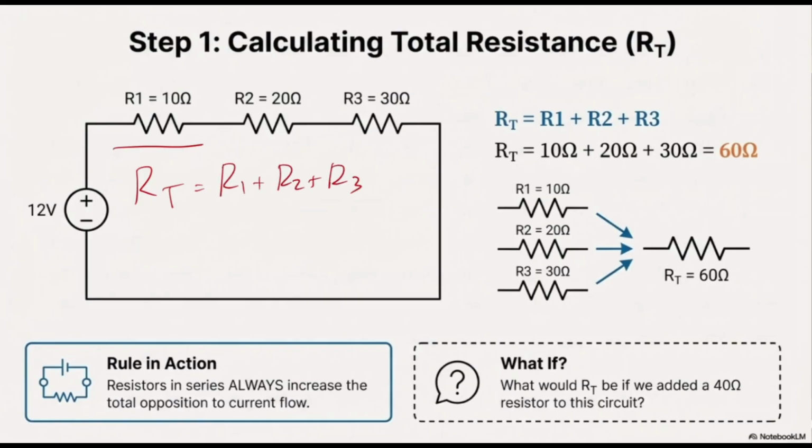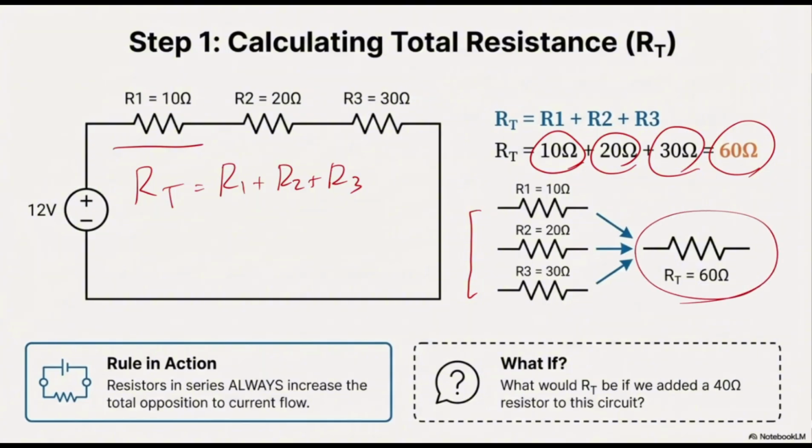And we know the unit of measurement for resistance is ohms, right? 10 ohms plus 20 ohms plus 30 ohms is going to be 60 ohms. It means that either I can write down all of my resistors like this, or I can simplify it into one as 60 ohms. So resistors in series always increase the total opposition to current, so you're going to fight against your current.